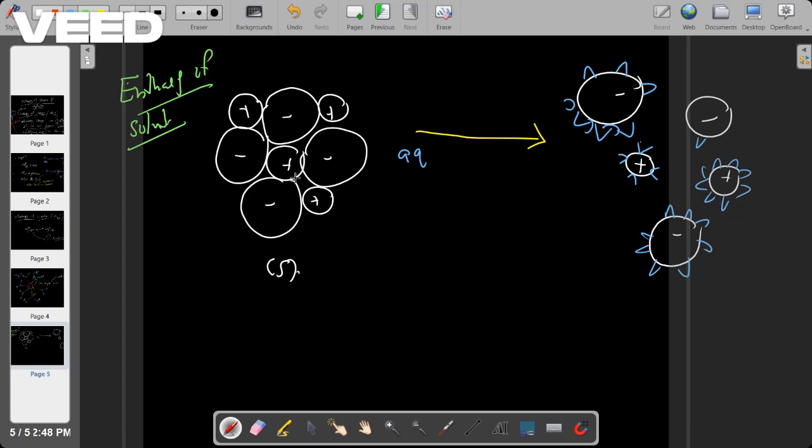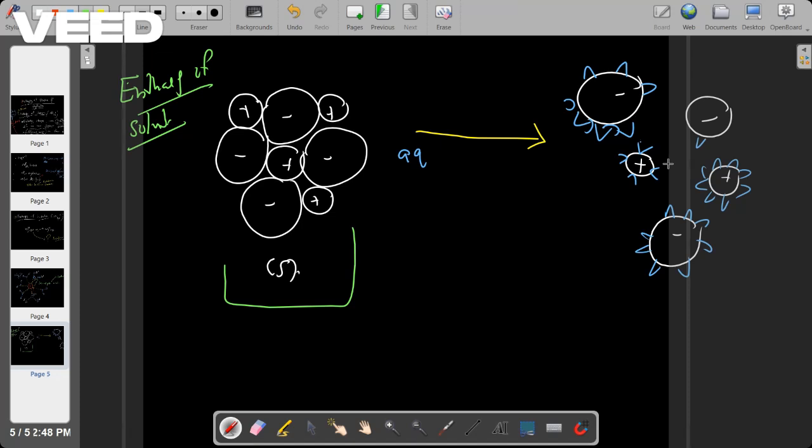Previously, we were directly adding H plus gaseous ions into the aqueous medium. Here, first of all, you should be able to break the lattice. You need to break the lattice, and then only these bonds are formed.